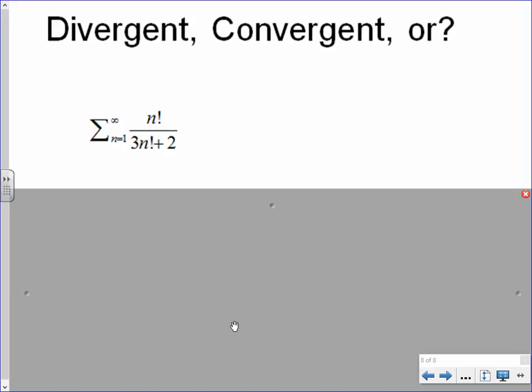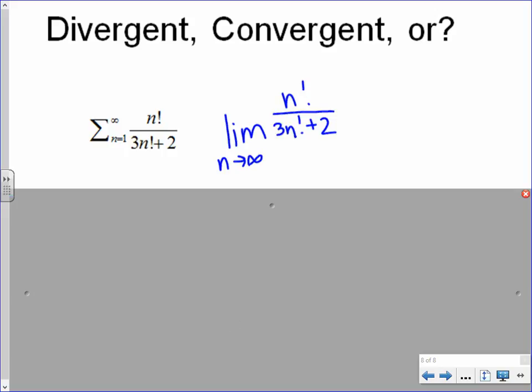So, obviously this is not geometric. What I said on the previous slide, let's always think about the limit towards infinity first of the sequence, and then we can go from there. So let's consider the limit as n approaches infinity of our sequence.